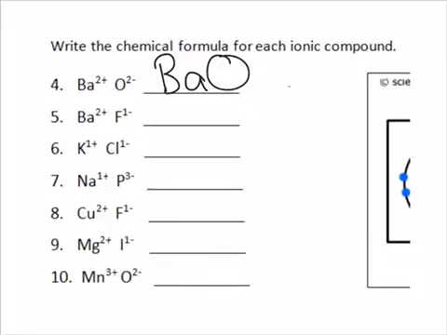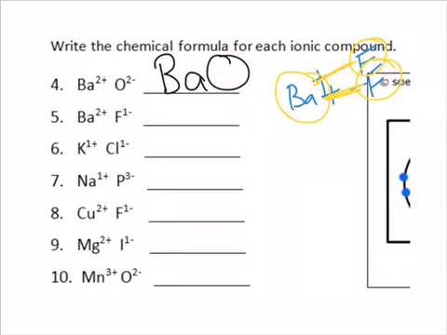And then we're going to connect those. Well, I still got this positive charge that doesn't have a partner, so I need to add in a second fluoride with a negative. Those 2 charges cancel. And what I'm really interested in is how many bariums did I use? 1. How many fluorides did I use? 2.